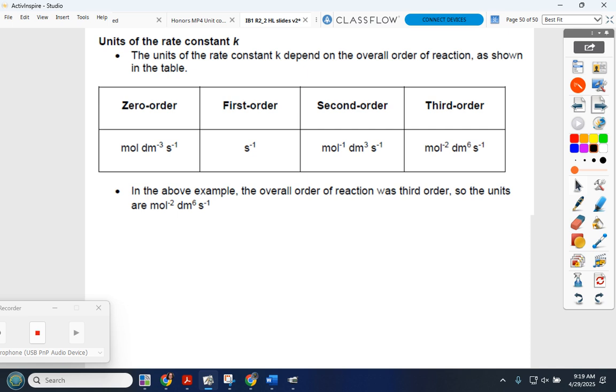Then know that this is always going to be the units for these different overall orders of reaction. Okay, and it's important that we pay attention to the fact that it's the overall order, not just per any given reactant. But again, you can always derive it just by using the units in your equation where you're solving for K. Okay.